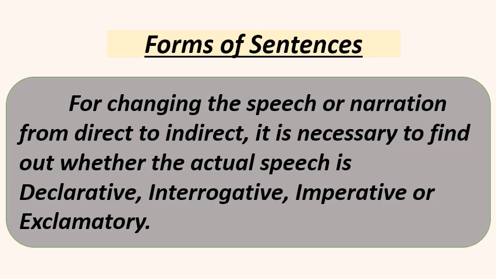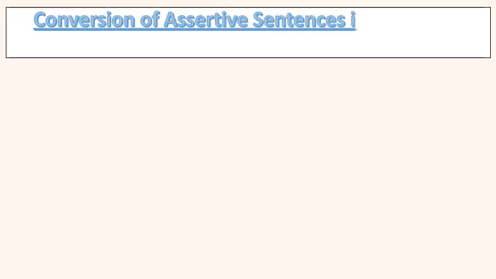So let's see what are the rules. Conversion of assertive sentences into indirect speech, means how to convert assertive sentences from direct to indirect speech. Students, I have already explained you all the rules for this. So, let's recapitulate all the rules.